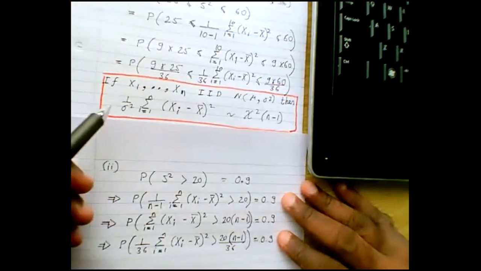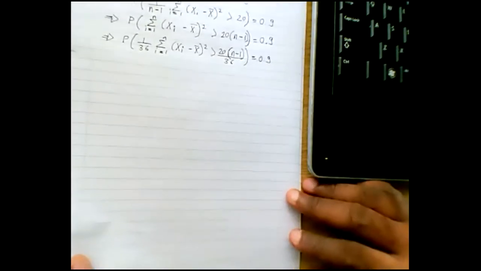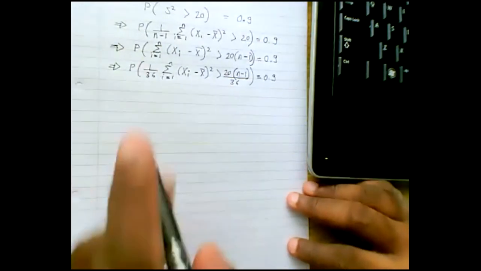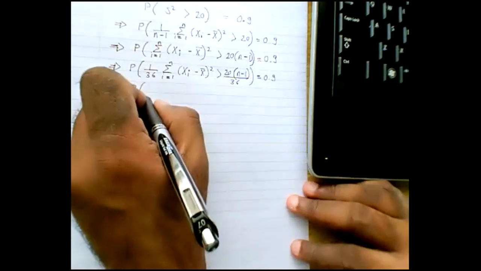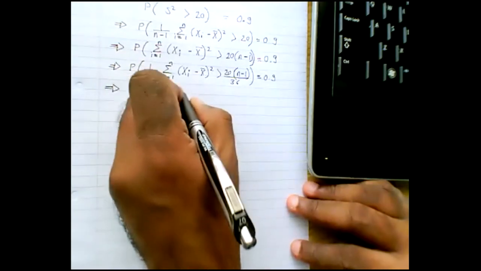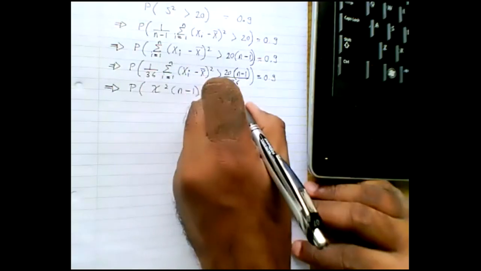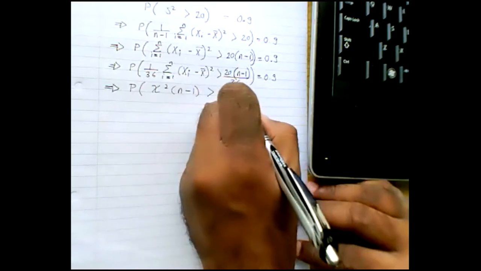So using this property one more time, you can argue that this guy here must have a chi-square distribution with n minus 1 degrees of freedom. And this simplifies to 5(n minus 1) divided by 9.